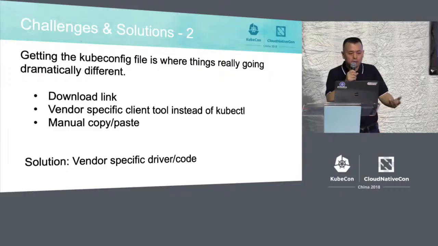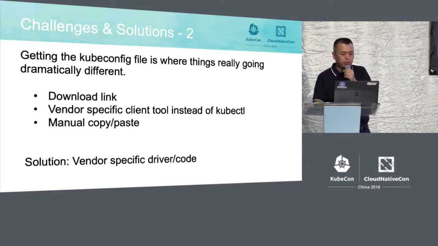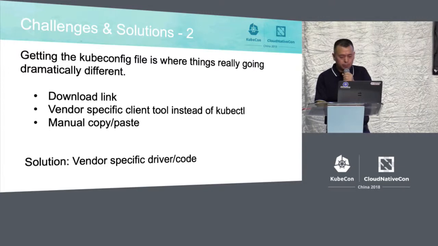But the problem is different providers give you different ways to get that. Some providers say, get this certificate first, then copy-paste those things and edit those files. After a lot of steps, you get one kubeconfig file. That's very tedious, and you can make a small mistake and then you couldn't log in. So that's actually a challenge, just to get the very basic kubeconfig file.